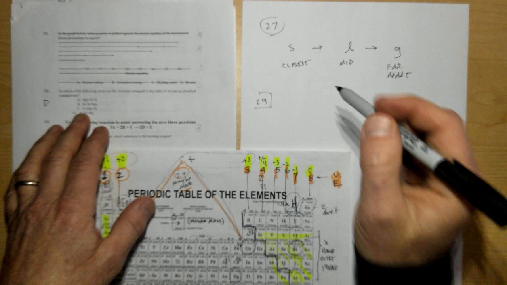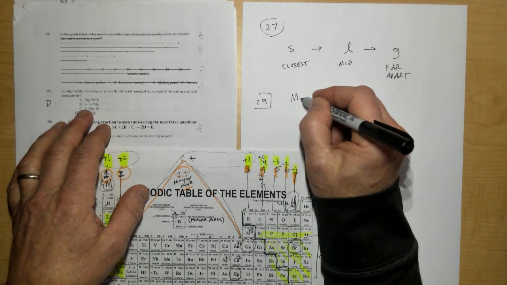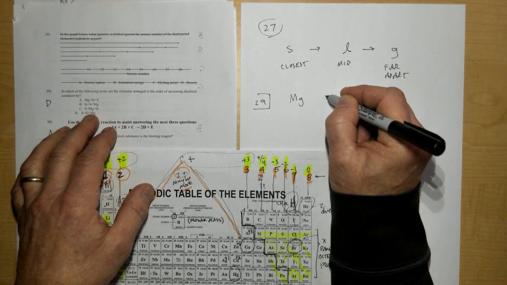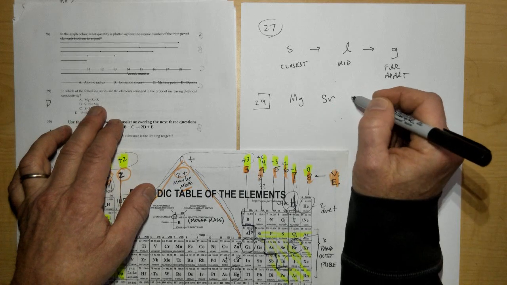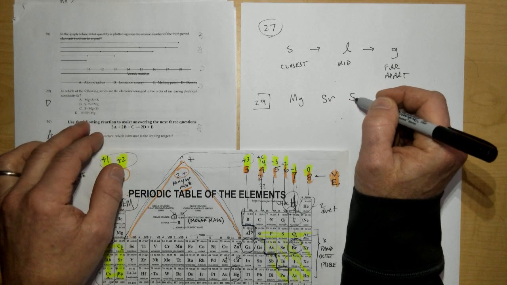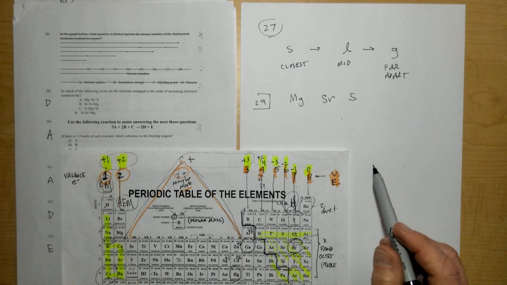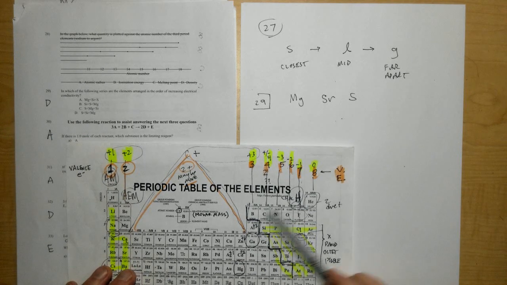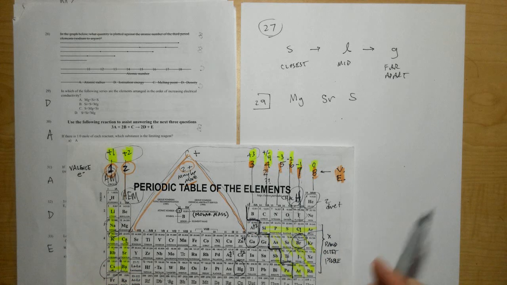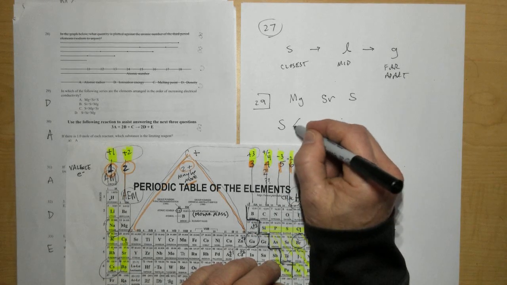So if you look at the arrangement of things, we have magnesium, we have strontium, and then we have sulfur. Okay, the least conductive would be the thing that's over here on this side of the periodic table, which would be sulfur. So that would be my least conductive.